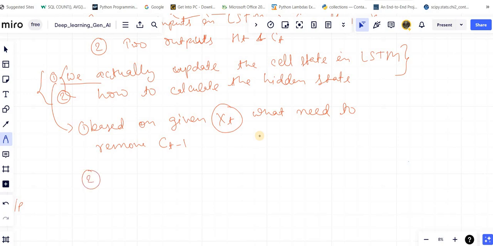And the second, based on the given xt, what needs to be added to the cell state. That's it.